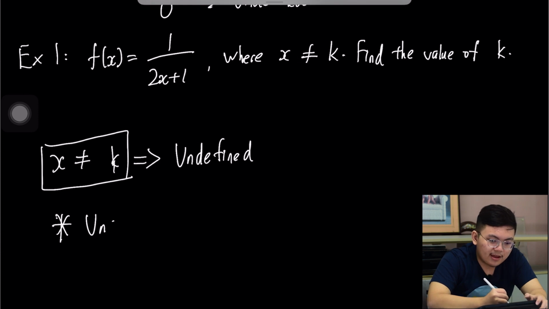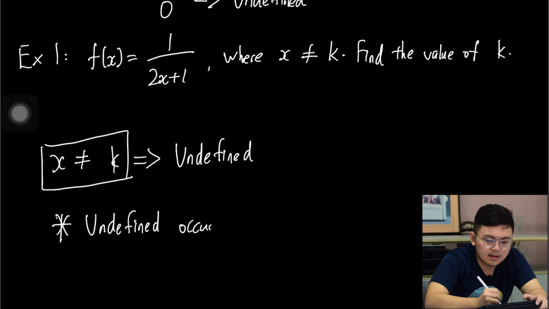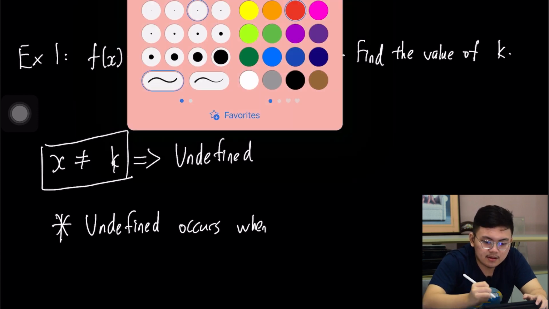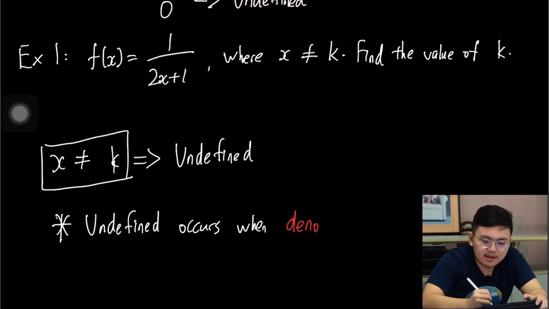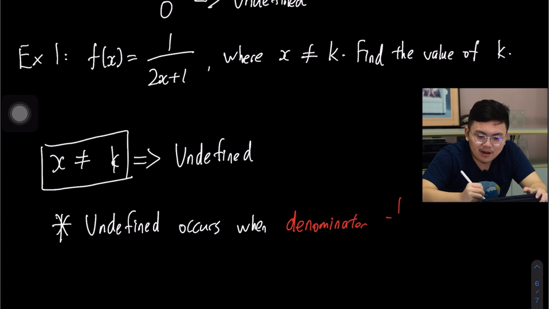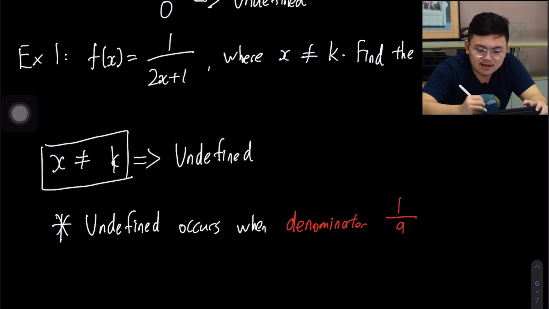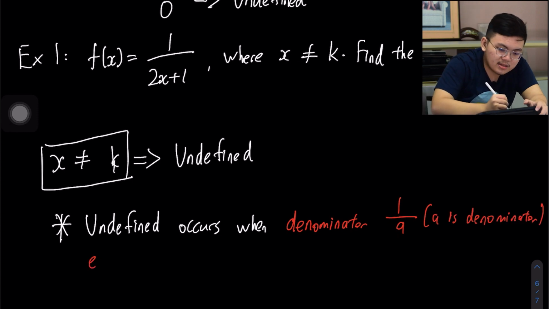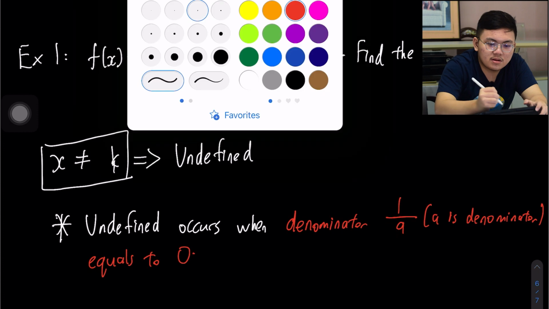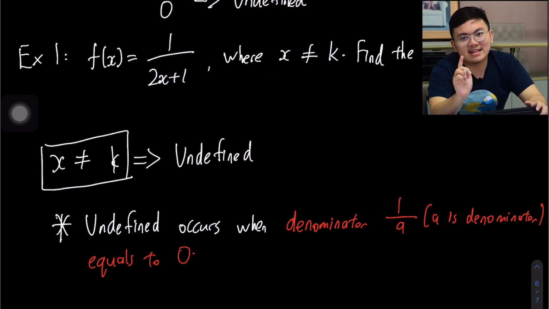Undefined occurs when the denominator equals 0. What is the denominator? Denominator is like 1 over a, where a is the denominator. So when a equals 0, this is the first undefined situation.